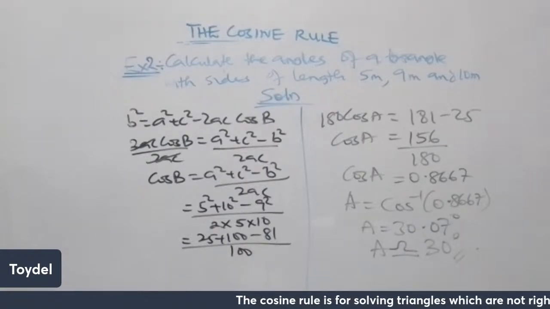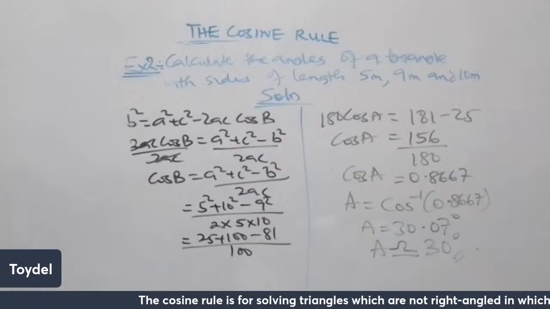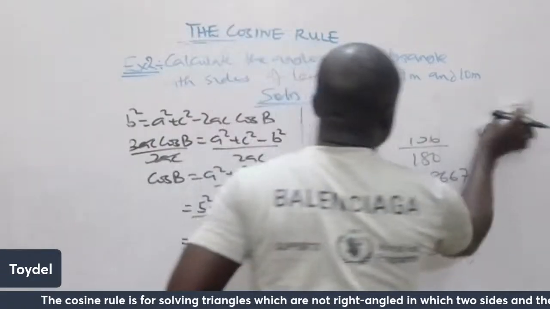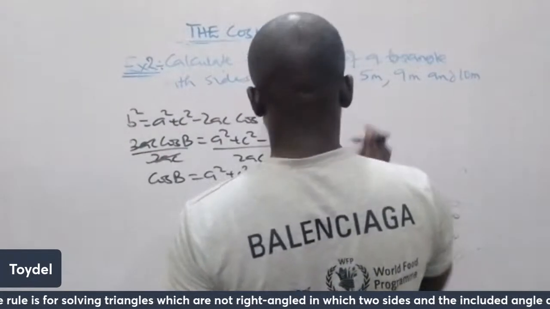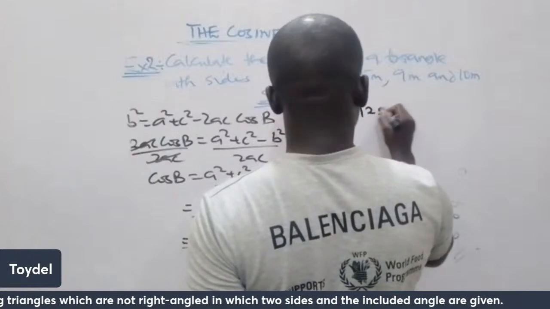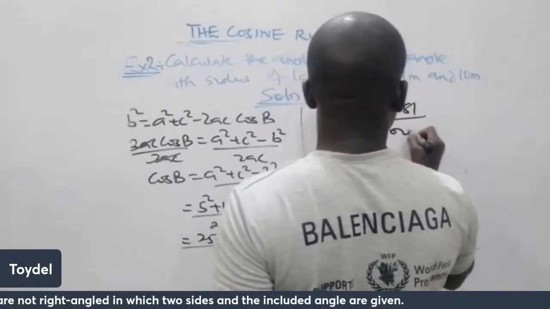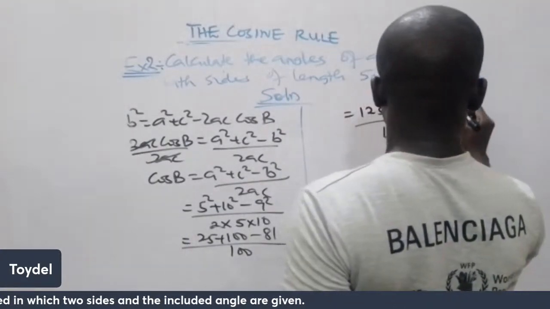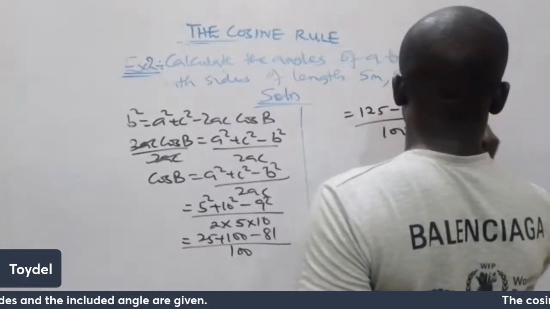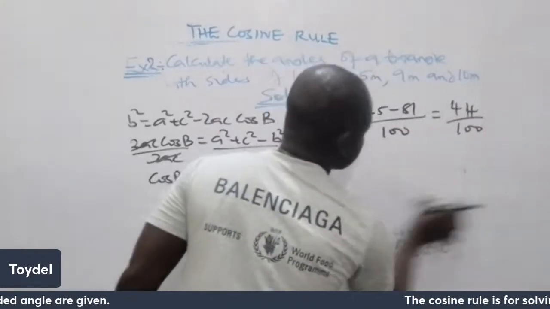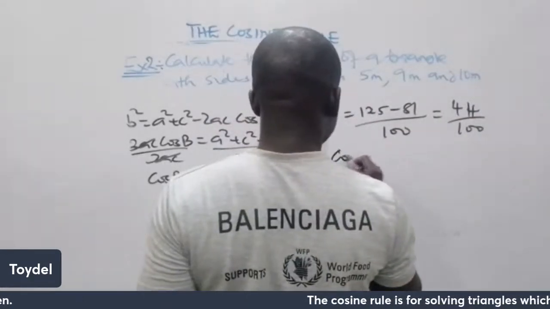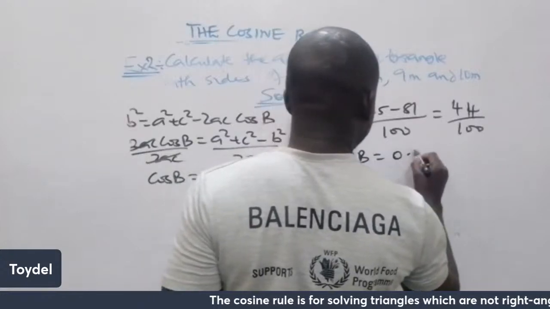So 125 minus 81, all over 100, and that will be 44 over 100. So cos B will be equal to 0.44.